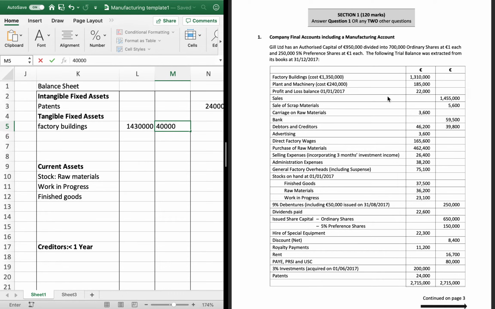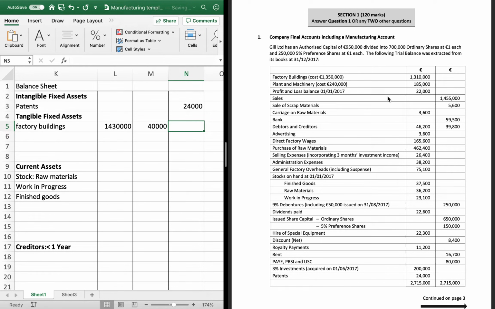That remains constant. It doesn't matter that buildings have changed. The cost is 1350, the agreed depreciation is 40,000. So if buildings go up, depreciation stays at 40,000. Just take them away from each other and you get 1390.